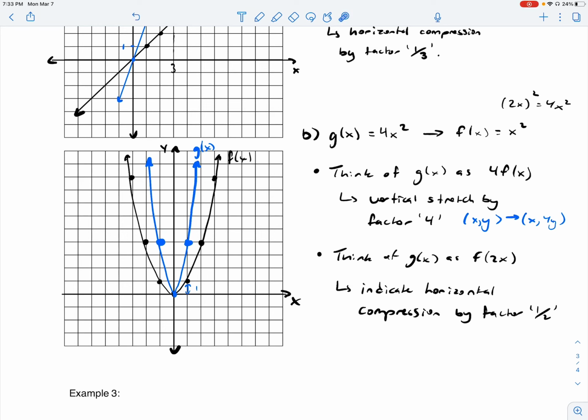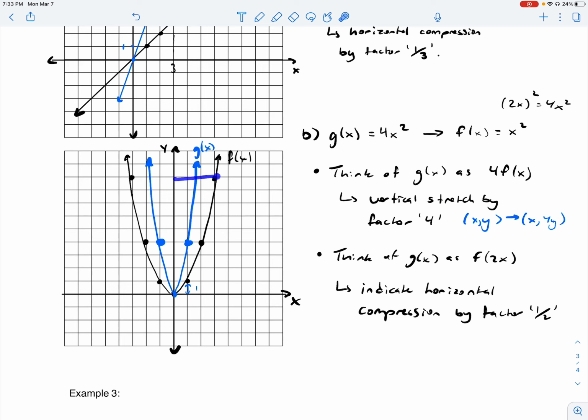So if we look at this as a horizontal compression by a half, we'll notice the points. This point is at a value of 2 for x, so there's a distance of 2 units this way. Well, when we compress it by a half, we now have a distance of just 1. So the x values all get multiplied by a half.